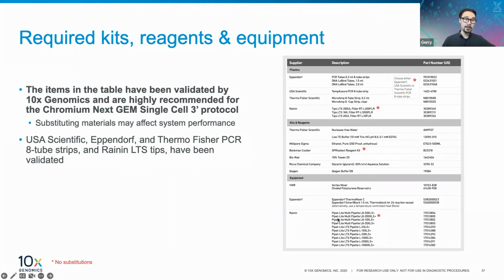In terms of the actual pipette tips, it is also very important, since some of the other brands that we've tested in-house do not have the same kind of QC procedures that the Rainin ones and the Eppendorf ones do, and they can actually have a very jagged wall inside, which can cause your cells to die and lyse. Some of them also give off little bits of microplastics that you can't see under the microscope that can then go on to clog the chip. So when working with your samples, do try to stick with the plastics that we recommend.